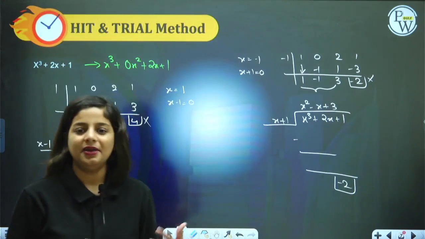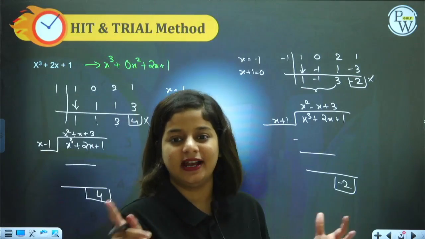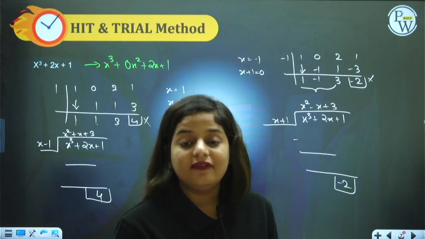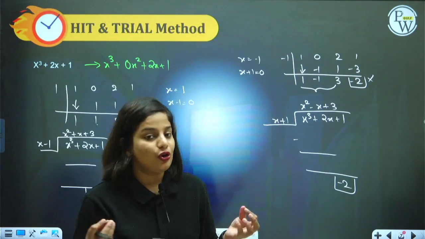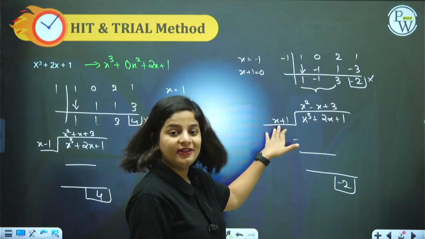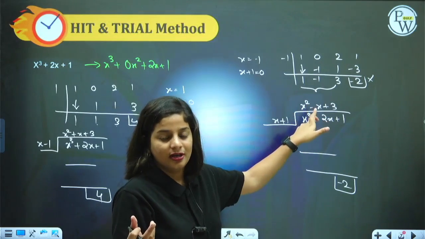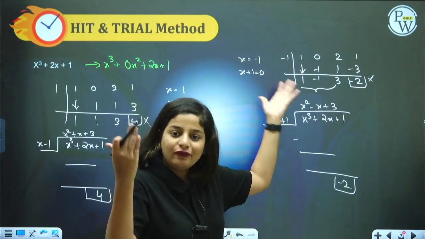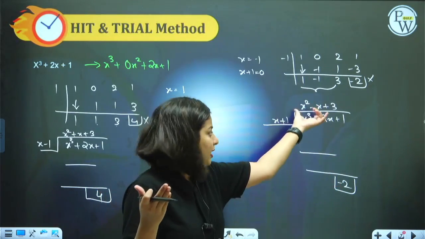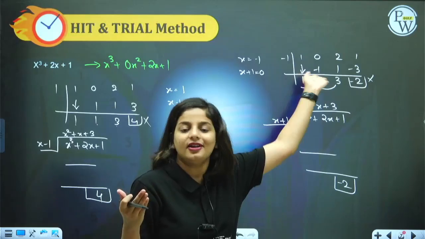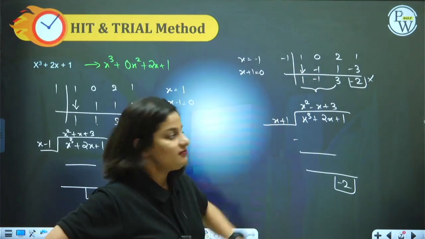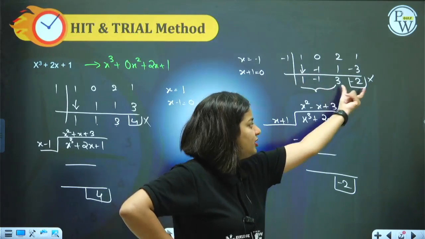So many a times you have done it in 9th standard, polynomial division, dividing one polynomial with the other, and you had to find the remainder and quotient. You don't have to do that actual division. The remainder and quotient you can get by synthetic division method.